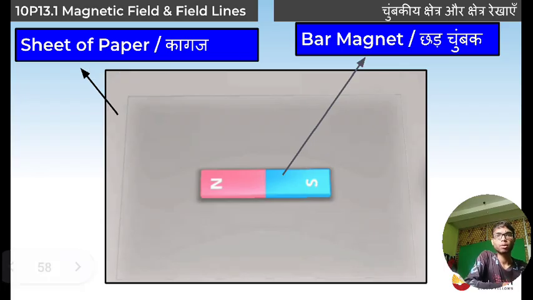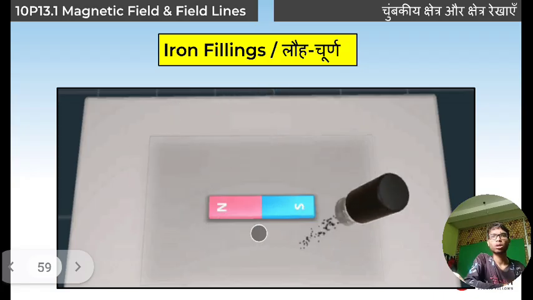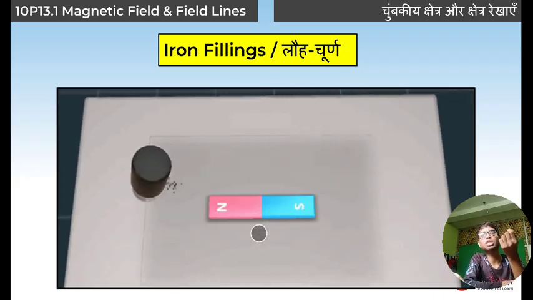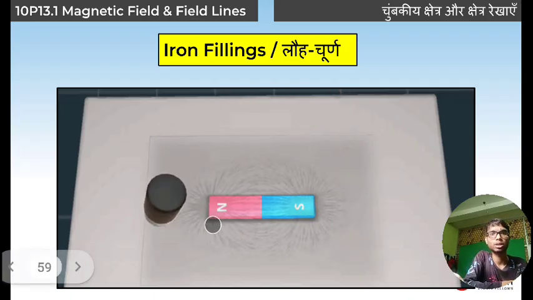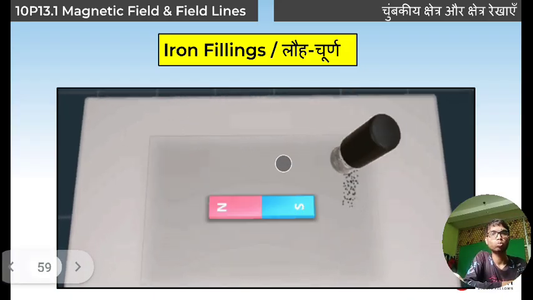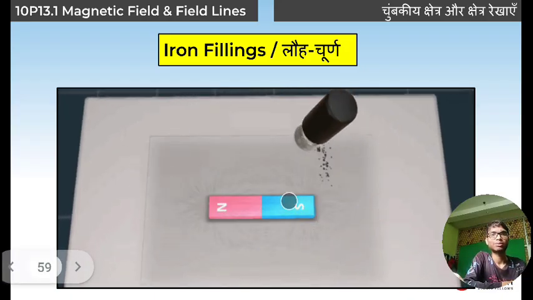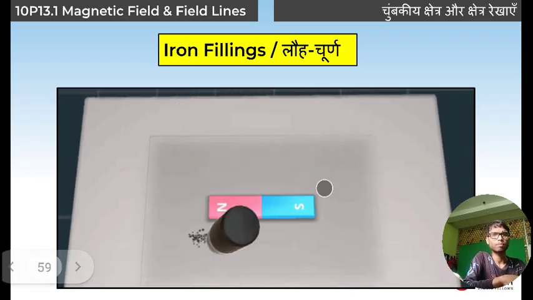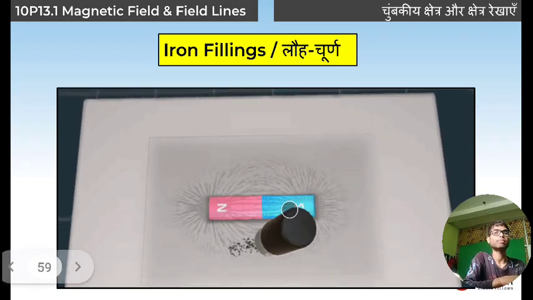We have a sheet of paper, and on this sheet of paper we have a bar magnet. What will happen here? Let's see. We took iron filings, pieces of iron, and put them around this bar magnet.